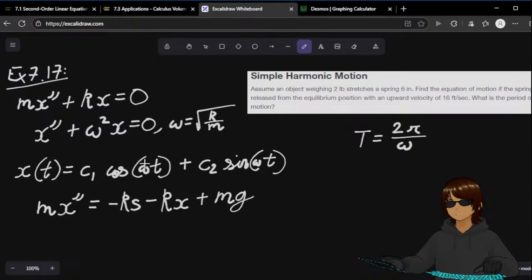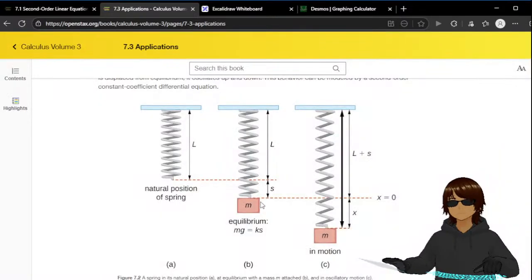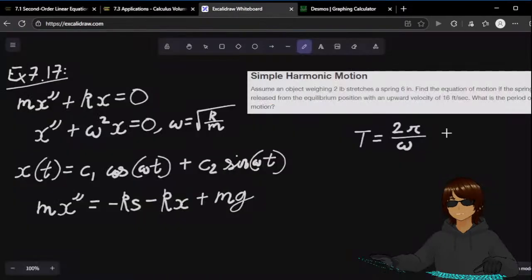Assume an object weighing 2 pounds stretches a spring. No, this is s. We have s. 2 pounds is this. And the spring is released from the equilibrium position. Wait, what? So they removed this object, with an upward velocity of 16 feet per second.